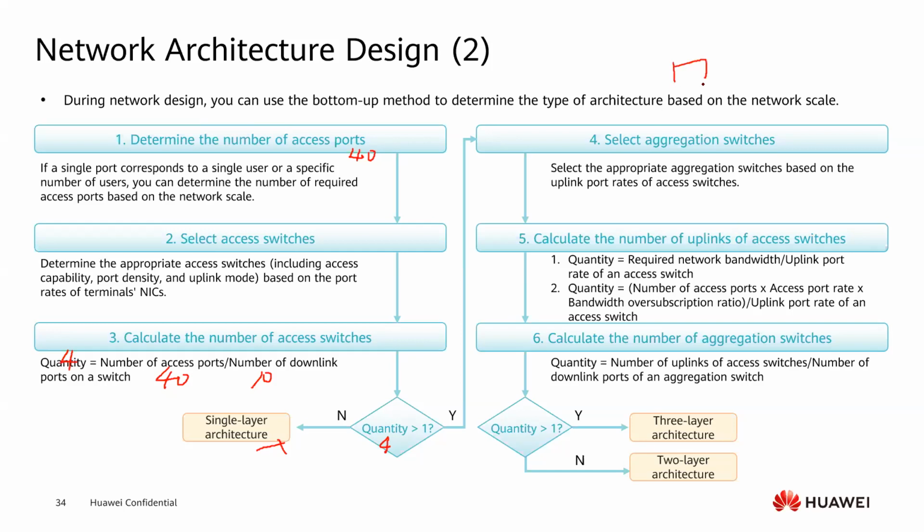For example, this is our access switches. We need 4. Each switch can support 10 downlinks.